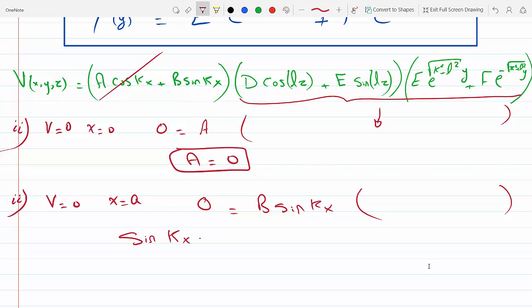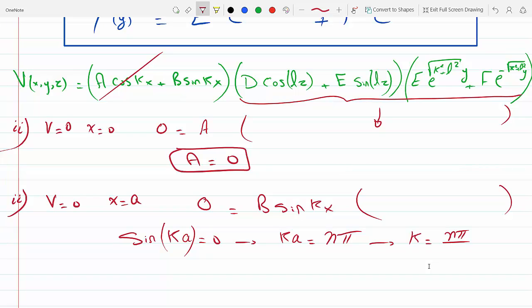Or sine ka equal to 0, which would make ka to be, what are the angles whose sine are 0? 0, pi, 2 pi, 3 pi, etc. So all the multiples of pi, which makes k equals n pi over, sorry, this is a, I'm supposed to plug in a here.